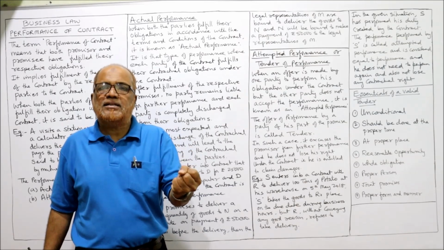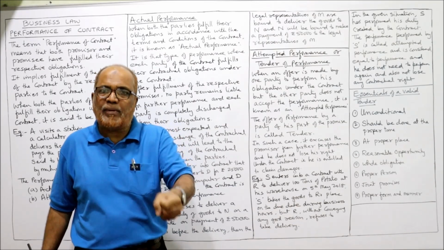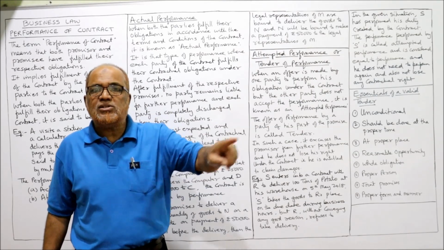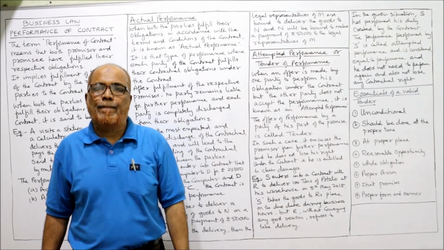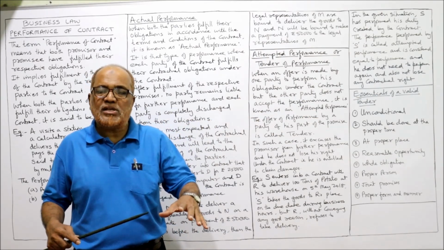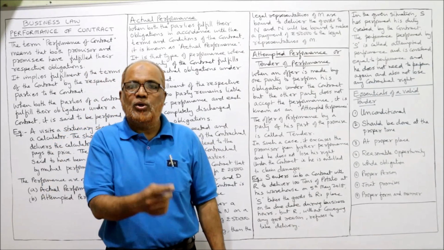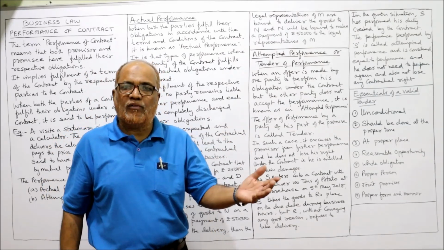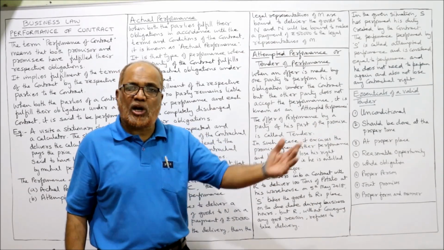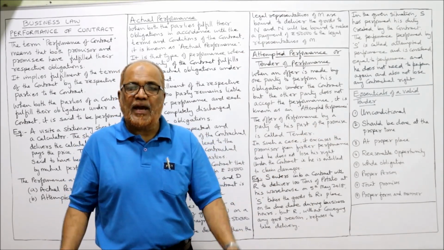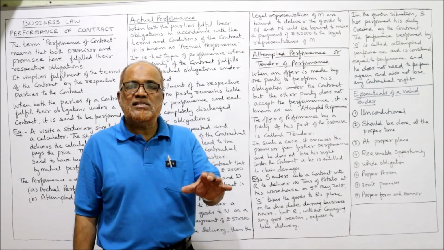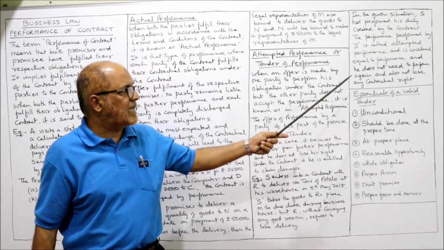The default is on the part of R. That means if R refuses, then S will have the right to sue R in a court of law for not accepting the delivery. Already the agreement has been made. So it is a tender from the point of view of S.